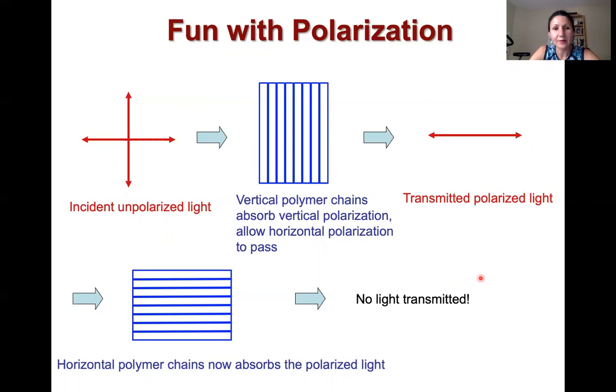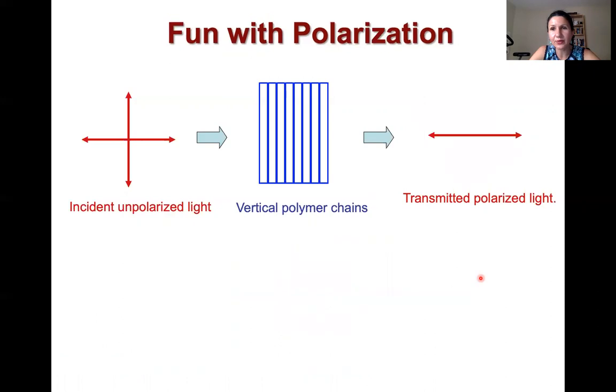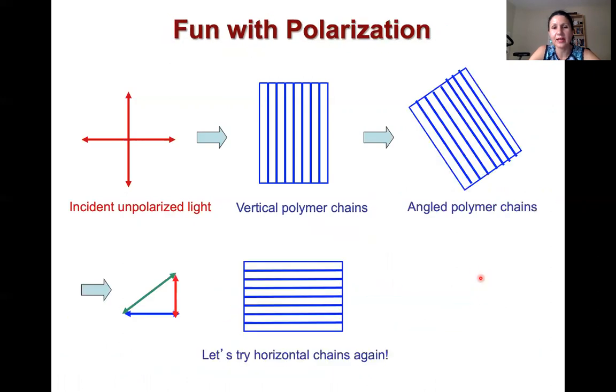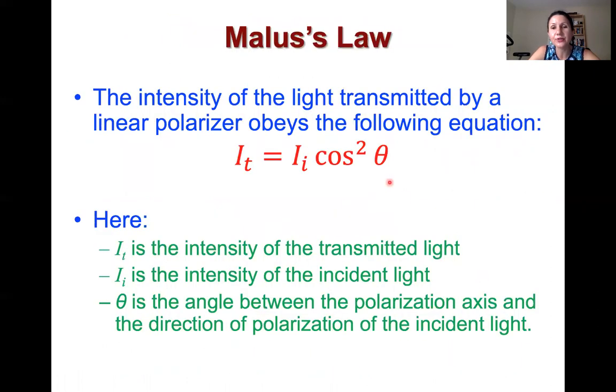Now, if it's perfectly parallel, that's when you get cosine of 0, and all of the light gets through, so the intensities would be the same. In between, it depends on their relative angles. So this equation just tells you what fraction of its initial intensity gets through your polarizer.